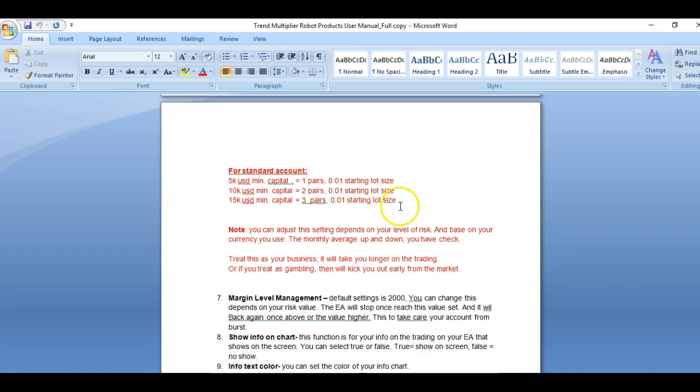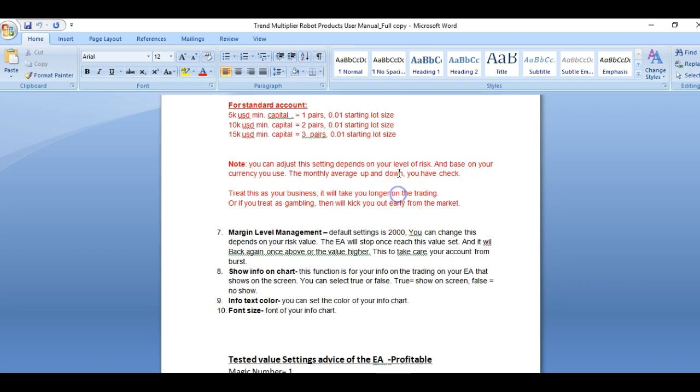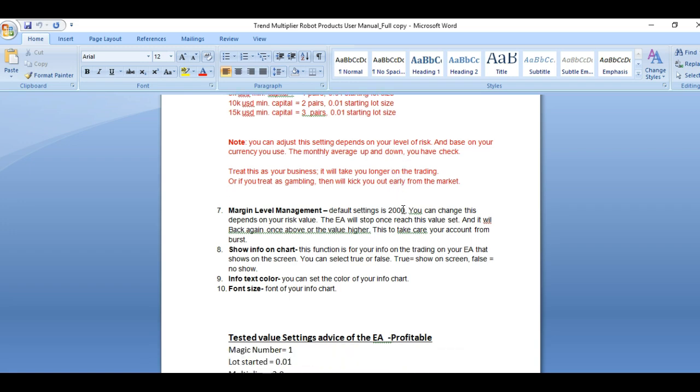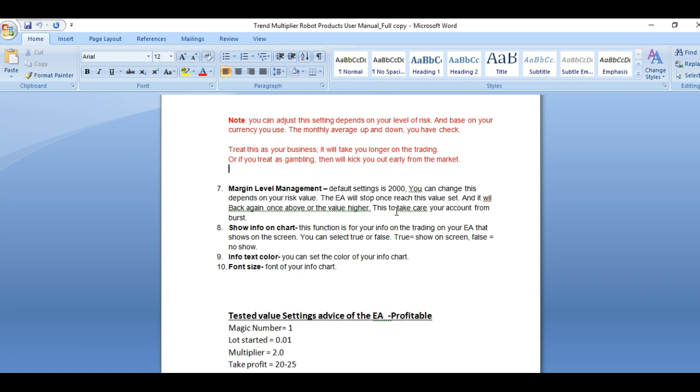The reason why is that a cents account is multiplied by 10 times, so it should be very safe, using 0.01 lot size. All right, 0.01 in a cents account is equivalent to 0.0001 lot size on a standard account.